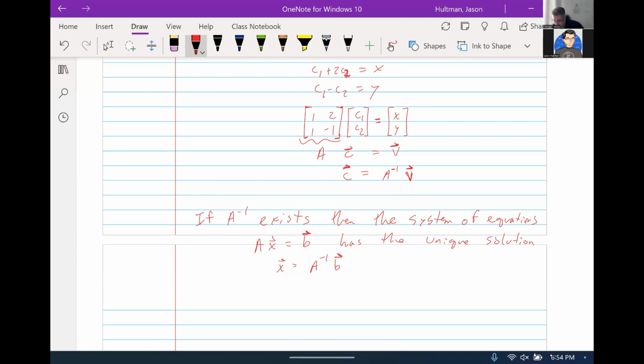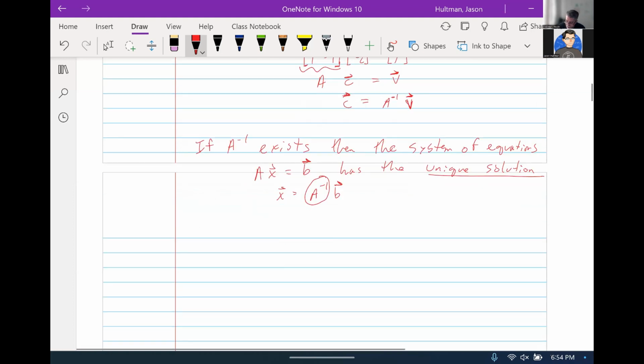It has a unique solution if we can find the inverse. So how do we know if it's invertible or not?